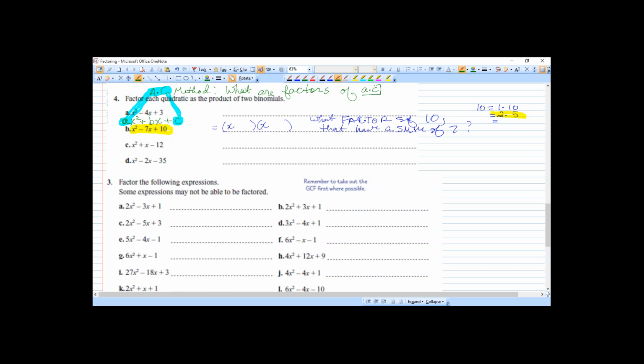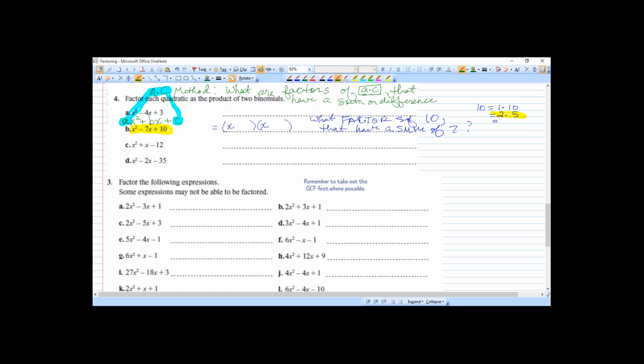You can insert the correct numbers into this generic version right here. Whatever this is will be a different number each time. That have a sum, or it could be a difference, and I'll show you how you can tell in a minute.